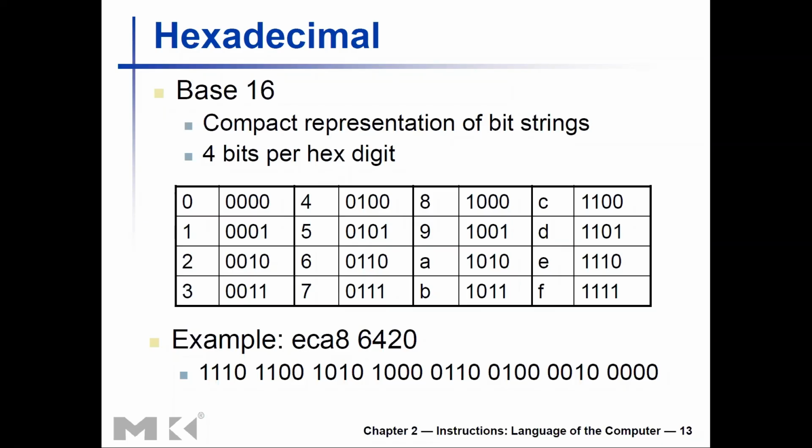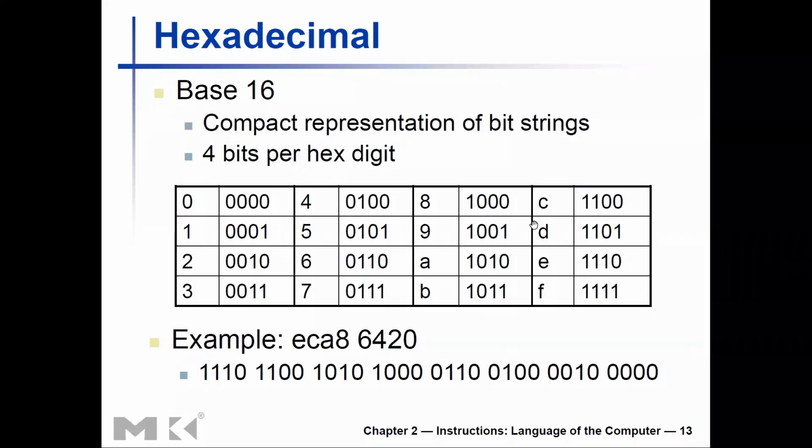A single hex digit is represented in 4 bits in binary, and you have this table to know the mapping between hexadecimal digits and binary. Earlier we used things like A, B, C. Now you can see here: A is 1010, B is 1011, C is 1100, D is 1101. All these mappings we used in the previous example as well.